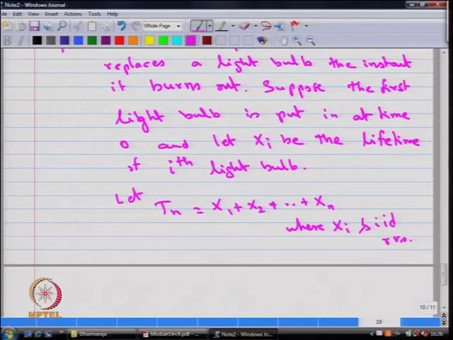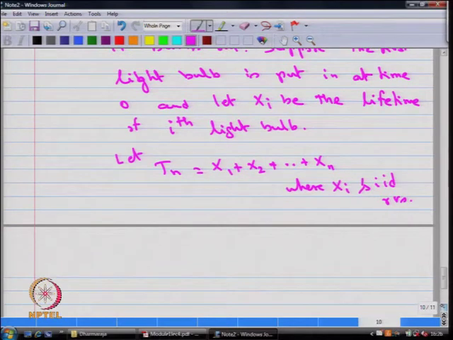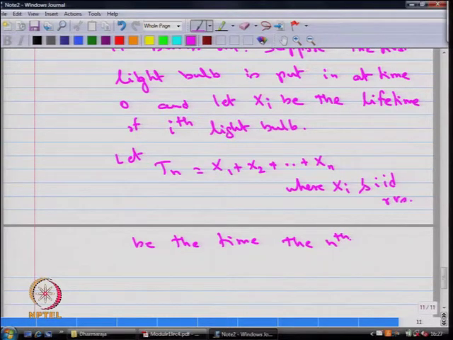Xi is the lifetime of the ith light bulb, and when the X's are IID random variables, you are defining Tn as X1 plus X2 plus so on till Xn. So, Tn is the time the nth light bulb burns out.